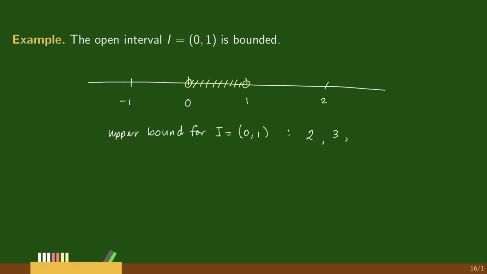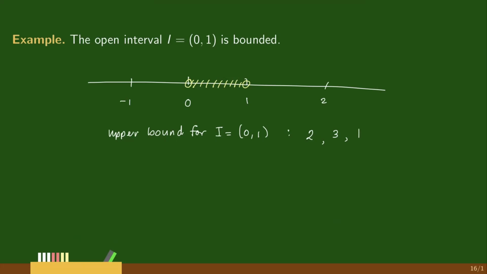Etc. Correct. But actually, the game for today is not really to get the biggest upper bound, because there will never be a biggest upper bound. Our game for today is who can give the smallest upper bound. Do they get the idea? So for example, 1 is an upper bound. Correct? Christopher is right. 1 is an upper bound.